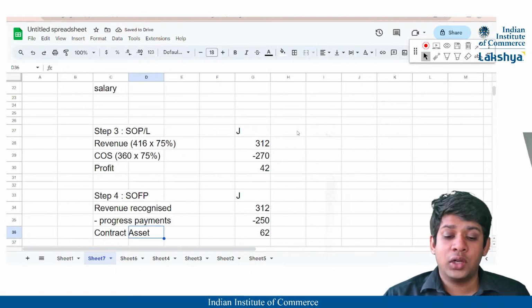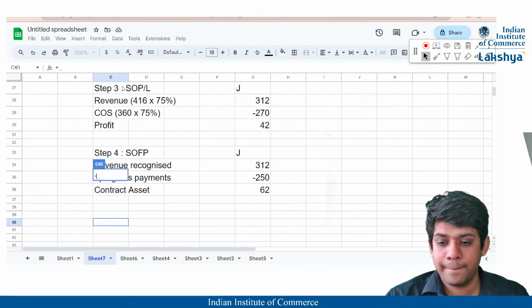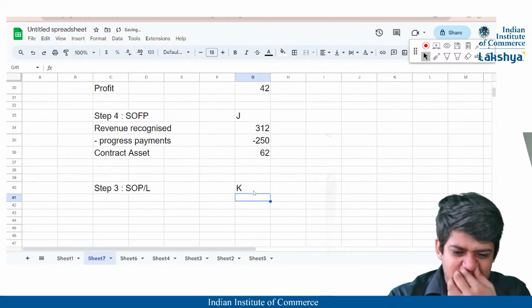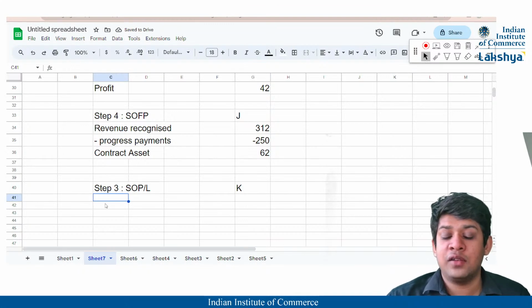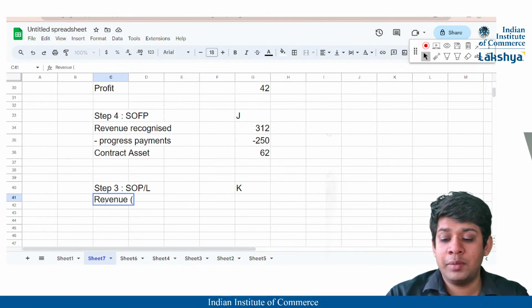Right. Now let us do for K. So for K, the step 3 statement of profit or loss. Step 2, we have already identified that the progress percentage is 66.67% and the expected outcome is profitable. So firstly, we will recognize revenue. How much revenue will be recognized?